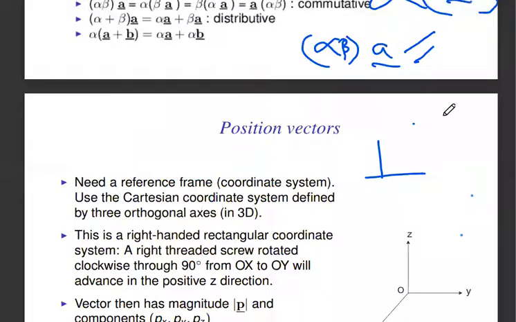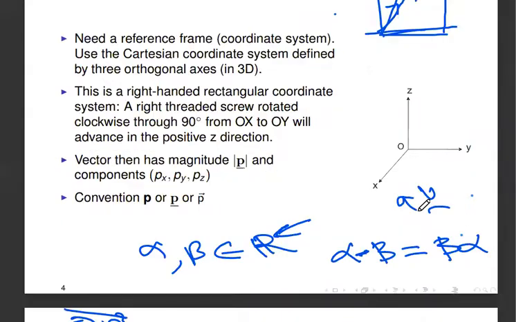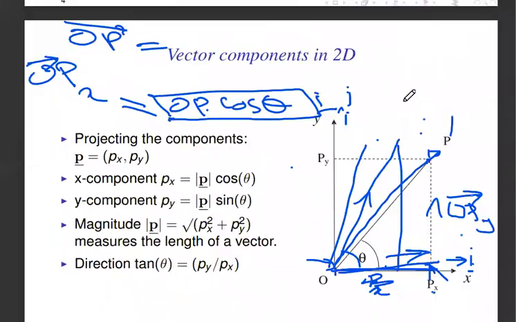You can take any point on the plane, then we can define the position vector very easily using this x coordinate and y coordinate, right? Same with 3 dimensions or n dimensions, right? All right.